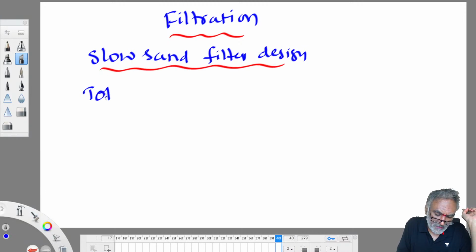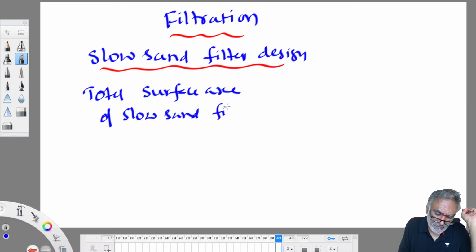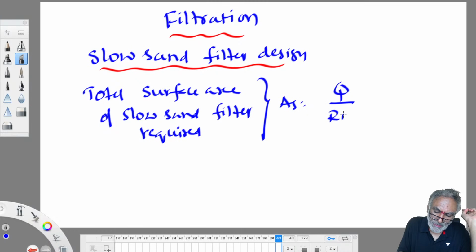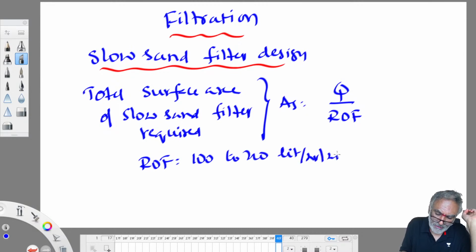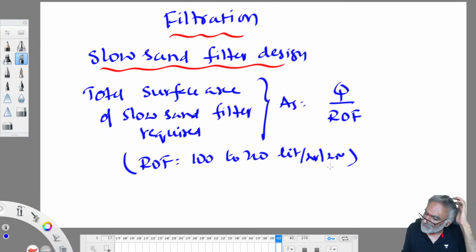So first, what we do, we work out the total surface area of the filter required. So Q by rate of filtration. Normally the rate of filtration will be given for a slow sand filter anywhere between 100 to 200 liters per hour per meter square. This will be given to you.